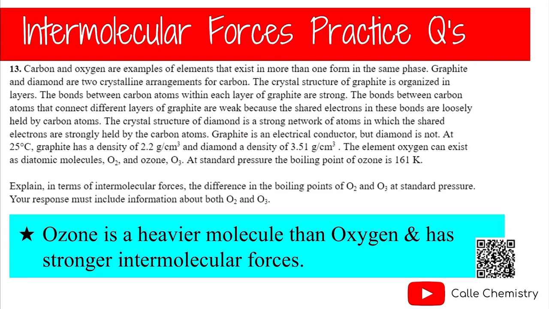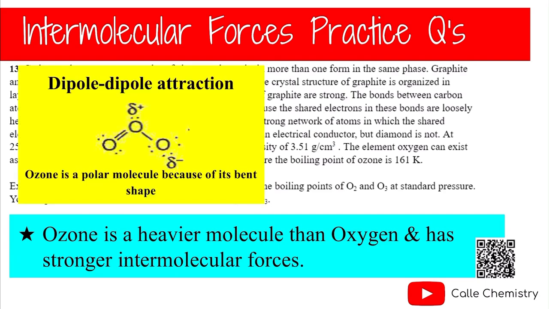So ozone is a heavier molecule than oxygen and has stronger intermolecular forces. If they have stronger intermolecular forces, then the boiling point is going to be higher. Now there is another way to explain this. So this is one way. You can say ozone, O3, is a heavier molecule than oxygen, O2, and has stronger intermolecular forces.